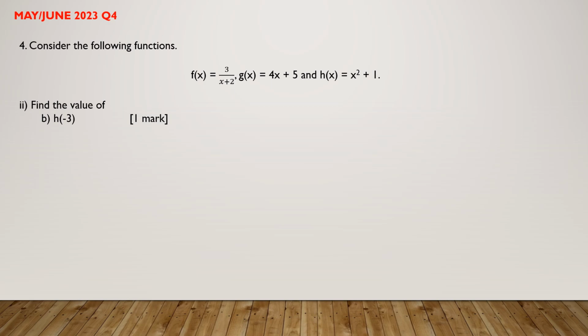Here we have part 3. Find the value of h of negative 3. So h of x is equal to x squared plus 1. So h of negative 3 is equal to, I'm going to put this in brackets, plus 1.